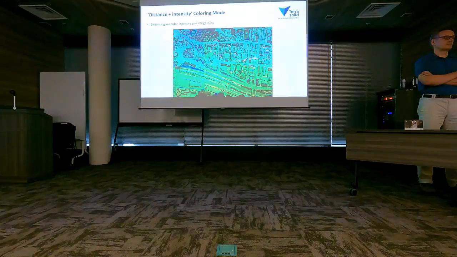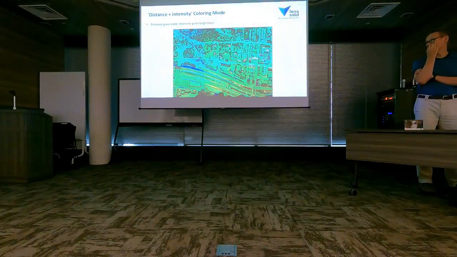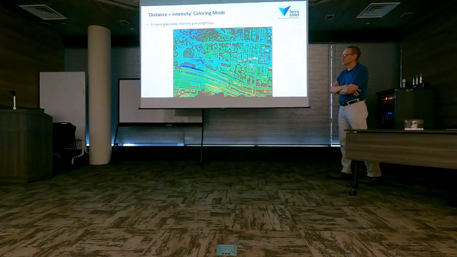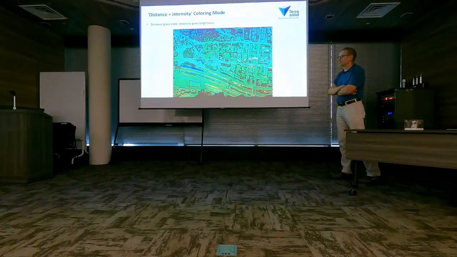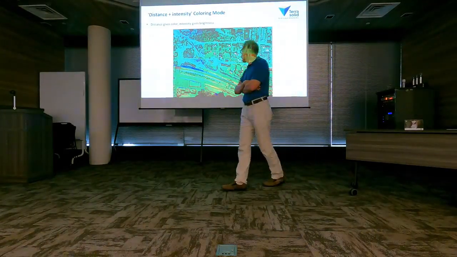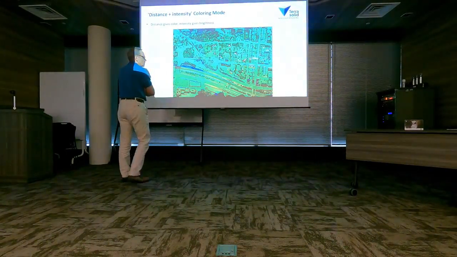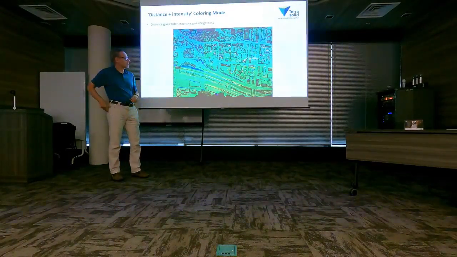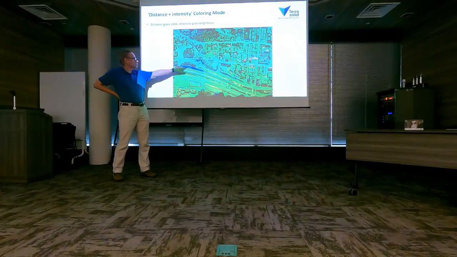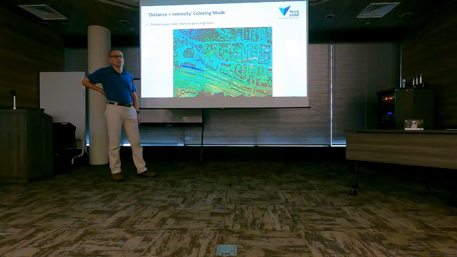And I have some places where I have more blue, so there's a mismatch. And now the intensity gives me some understanding of what kind of a place it is where that mismatch is.